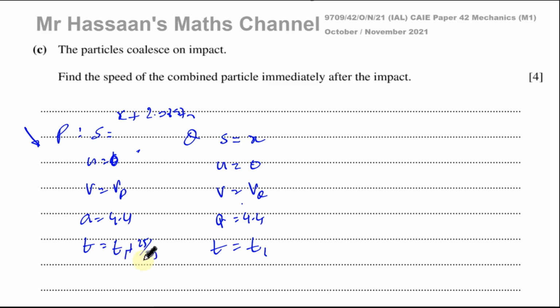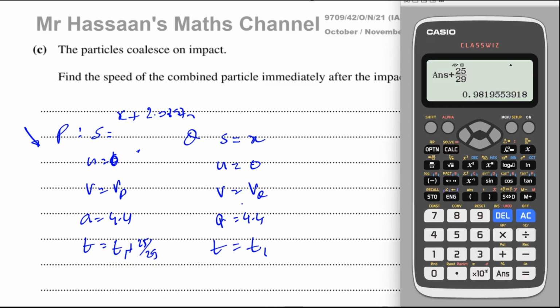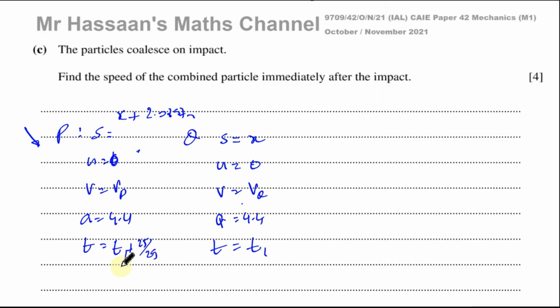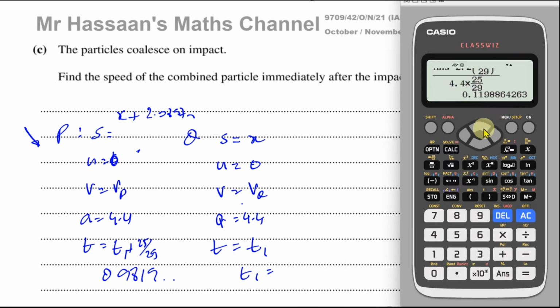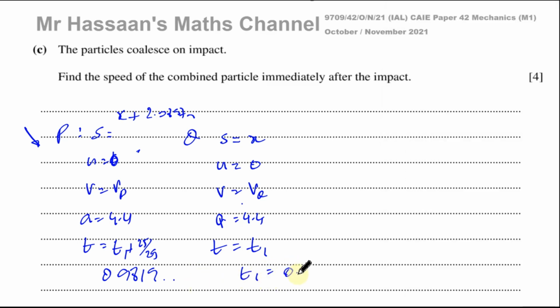We know the total time is the time that we found here, which was 0.9819, and we know that T1 was equal to 0.11988, which we found earlier.